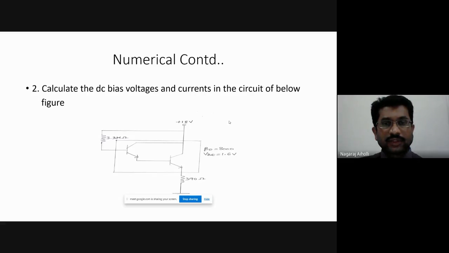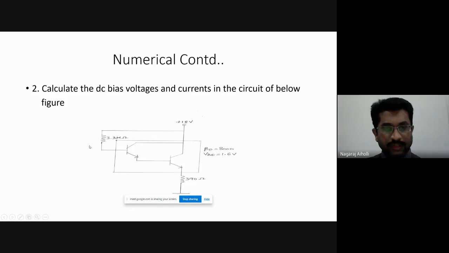Calculate the DC bias voltages and currents in the circuit of the below figure. Note down the circuit. This is the basic Darlington bias circuit.